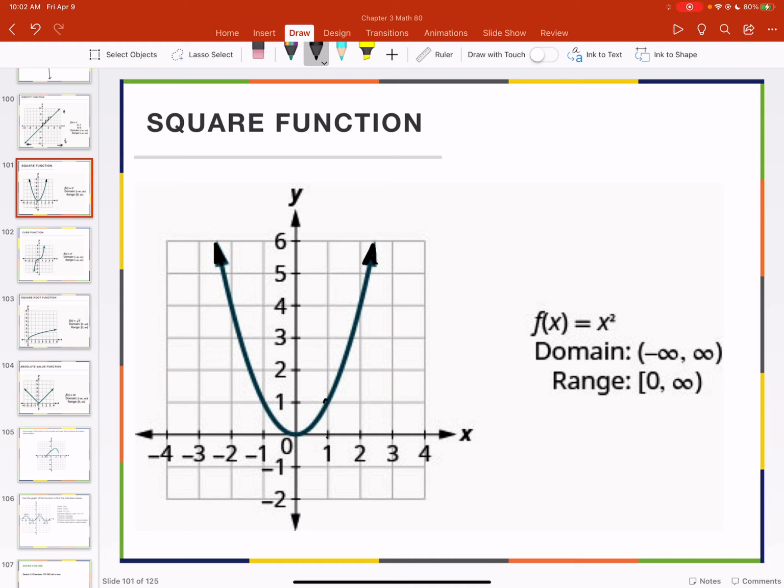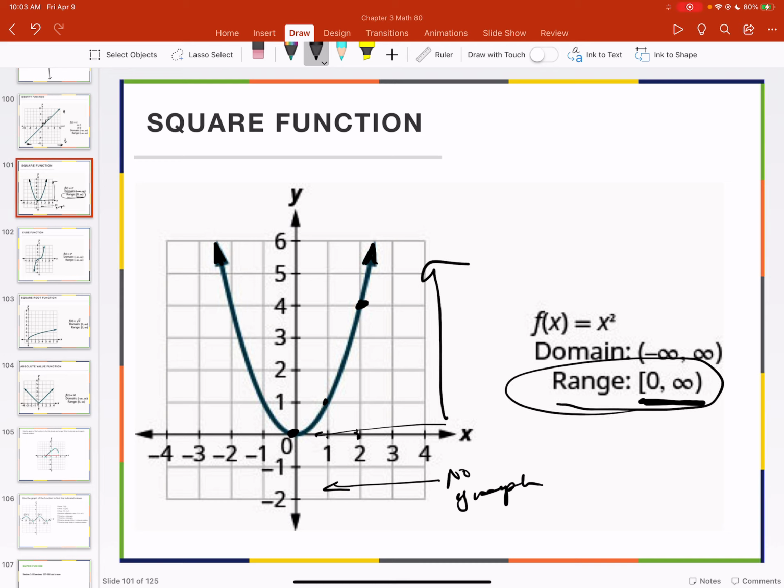So 1 times 1 is 1, 2 times itself is 4, and so on. Now the range starts at 0. See, there's no graph below 0, so there's nothing here. No graph here. The graph begins here and goes up. So the range is from 0 to infinity. And since it opens outwards, the domain is from negative infinity to positive infinity.